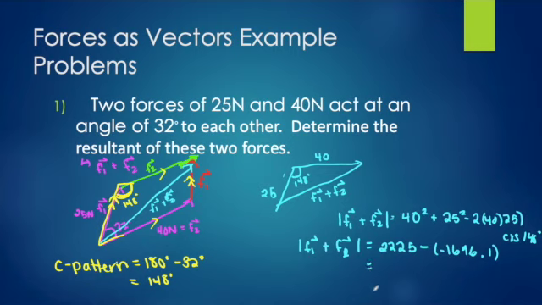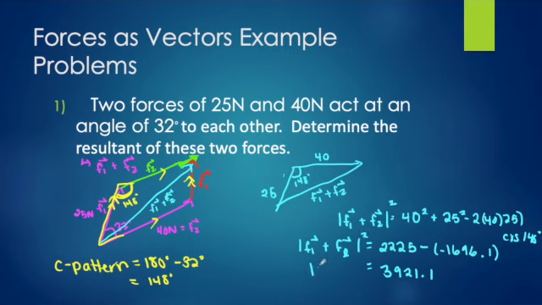Then you're going to add the 2,225 plus 1,696.1. So you should get 3,921.1. Sorry, and I also forgot to square this.